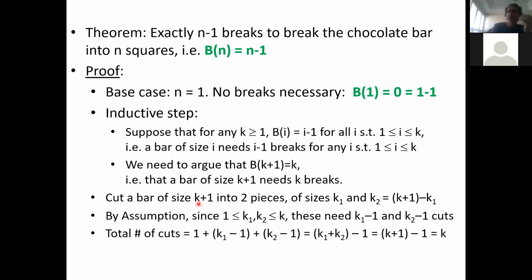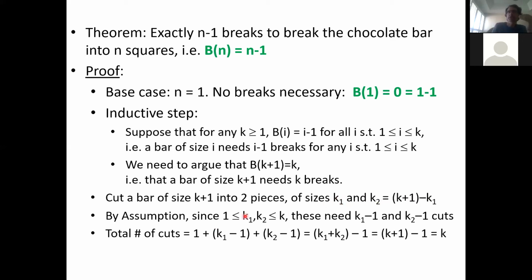You have a k plus 1 bar. Regardless of how you cut it, you will always end up with 2 pieces that sum to k plus 1. So you will end up with some k1 element bar and k2 element bar, where k2 is k plus 1 minus k1. Now, because this cut was non-empty, right? You actually cut something.